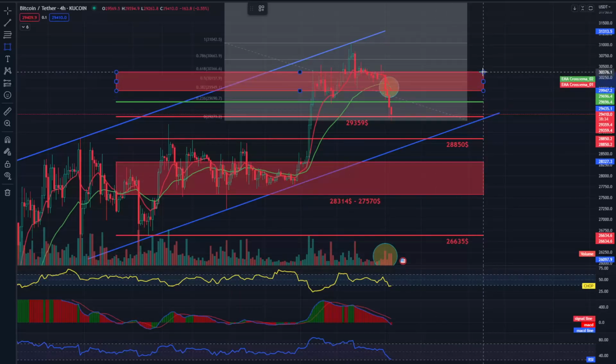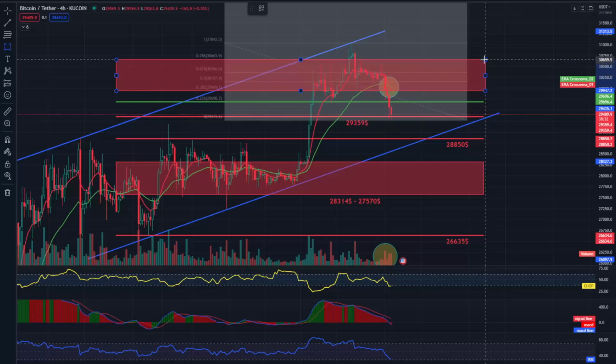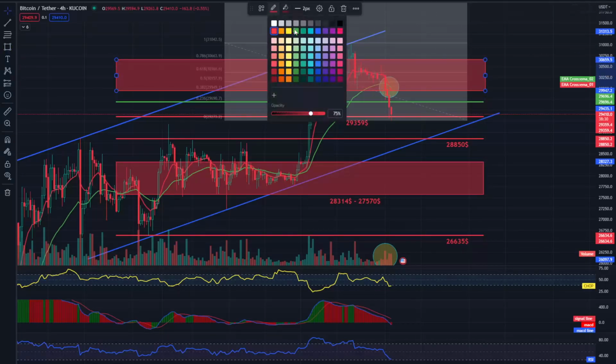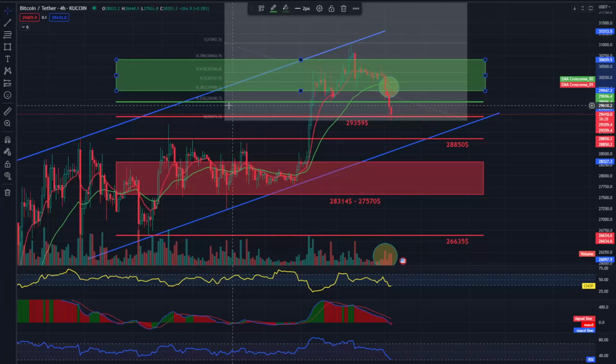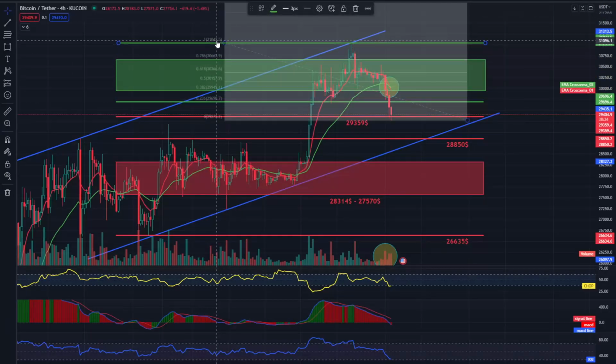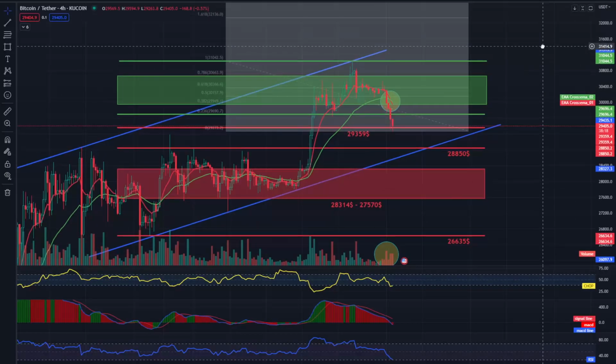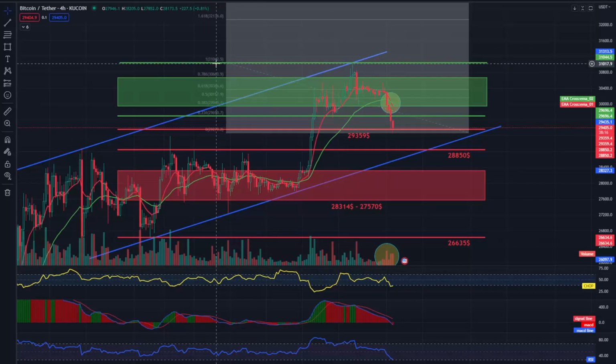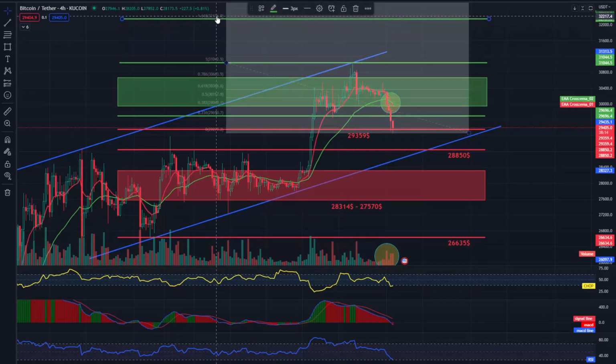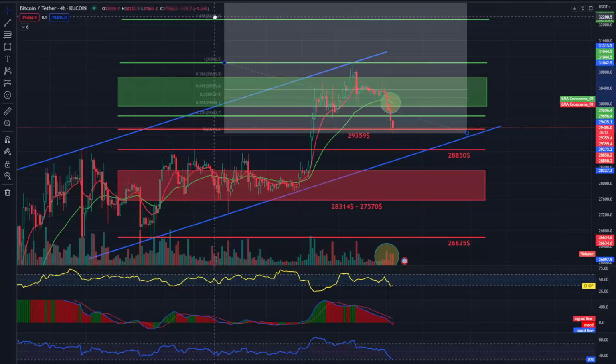Then we will mark the resistance zone from $29,947 to $30,660. When it is broken, the next resistance is at $31,045. Further, we can see an increase to around $32,117.